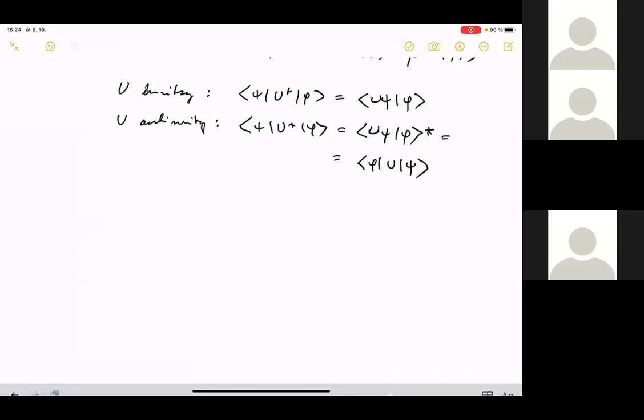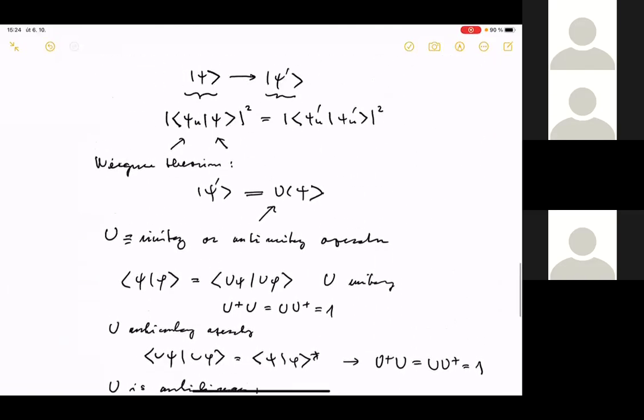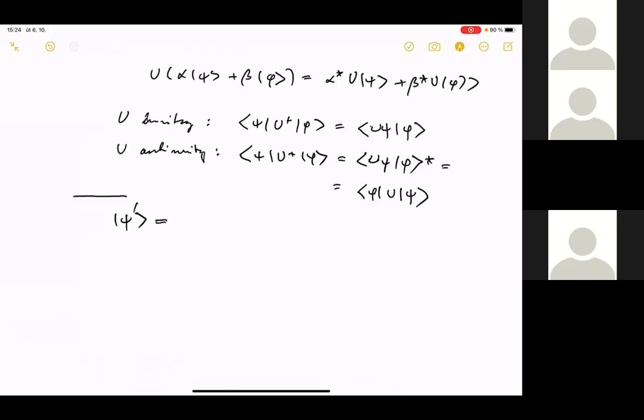So we have defined the symmetry as a probability conserving mapping between rays in the Hilbert space, and we can ask what is the effect of such a transformation. We already know that on the vectors, this symmetry operator acts in the usual way, and we also have the action on observables.